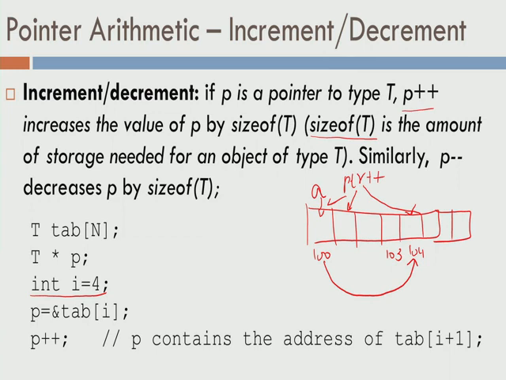So P is going to point at the 4th entry in tab, and when you do P plus plus, it actually starts pointing at the next entry in tab. So this is an example of pointer arithmetic where you mix pointer and integer operations.